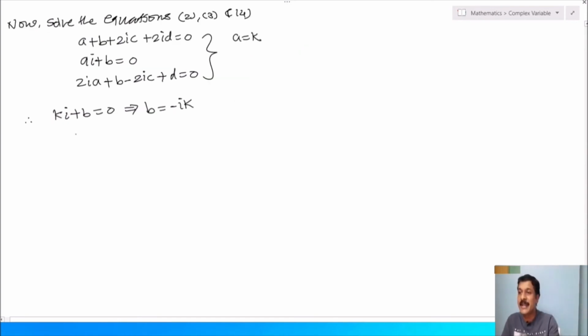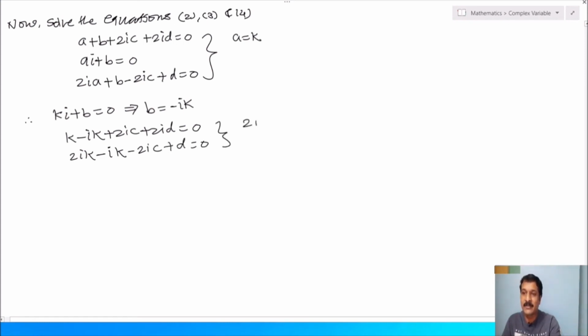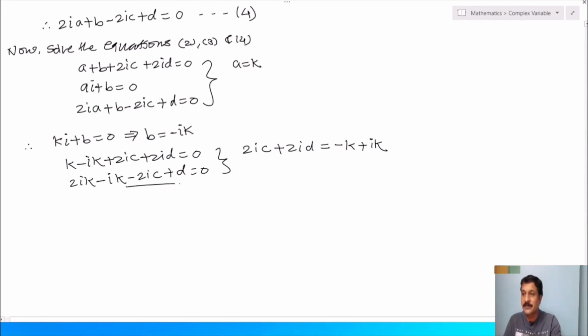So I am getting k plus B plus 2iC plus 2iD equal to 0, and the last one, 2iA means 2ik, plus B means minus ik, minus 2iC plus D equal to 0. Simplify this. I am getting 2iC plus 2iD equal to minus k plus ik. The other equation gives minus 2iC plus D equal to minus 2ik plus ik.